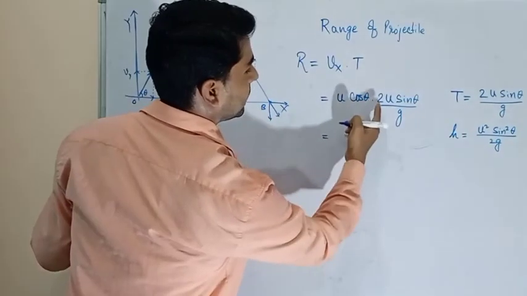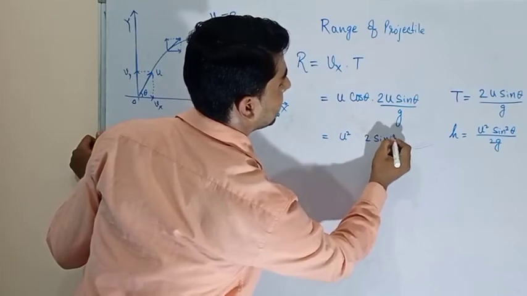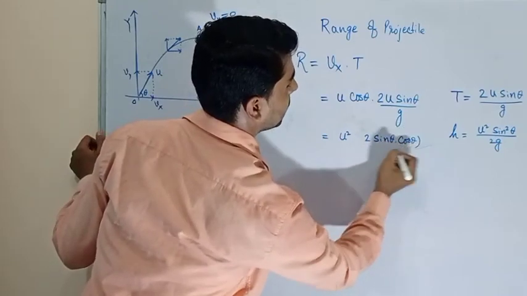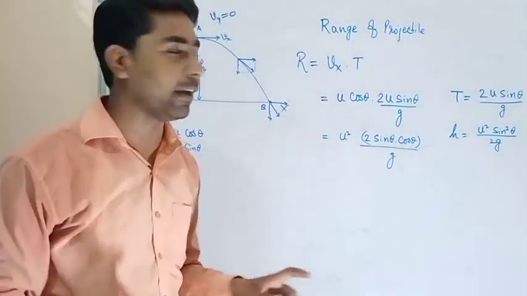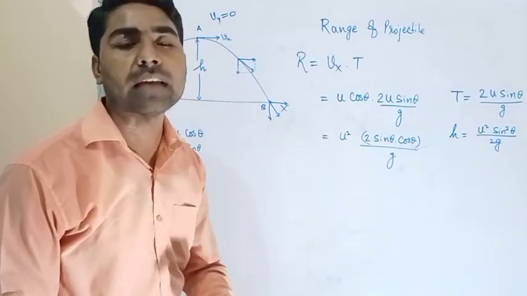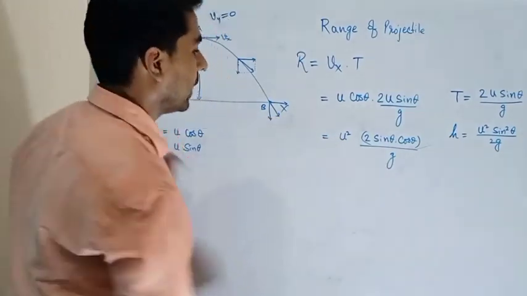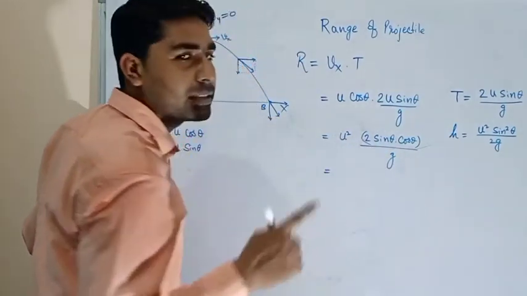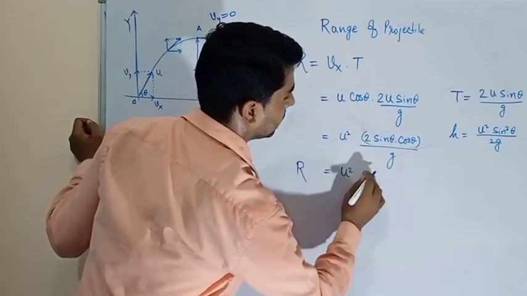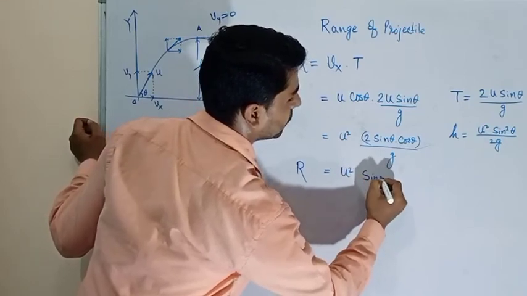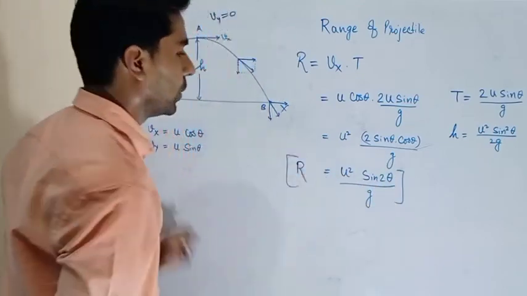So just put u square here and 2 sine theta cos theta together upon g. If you are a mathematics student, you are well aware that 2 sine theta cos theta is sine 2 theta. If you do not know that, then you have to remember this identity, that 2 sine theta cos theta is sine 2 theta. So R is equal to u square sine 2 theta upon g.